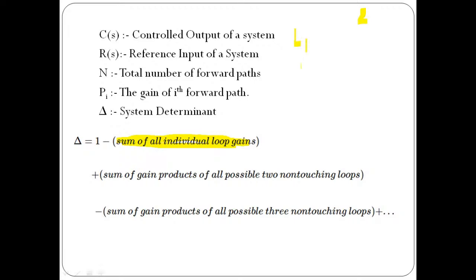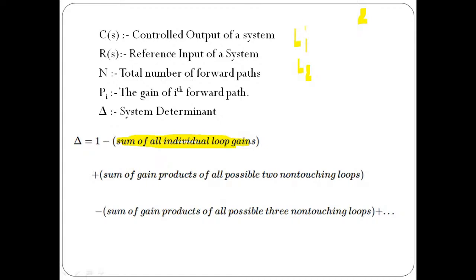L1 indicates the loop gain of the first loop, L2 indicates the loop gain of the second loop. So in order to calculate the value of delta, we need to find out how many loops are there, and then identify their gain. Now how to calculate the gain of a loop, I already told you in the previous lecture: it is simply the product of gain of branches which are responsible for the formation of that particular loop.